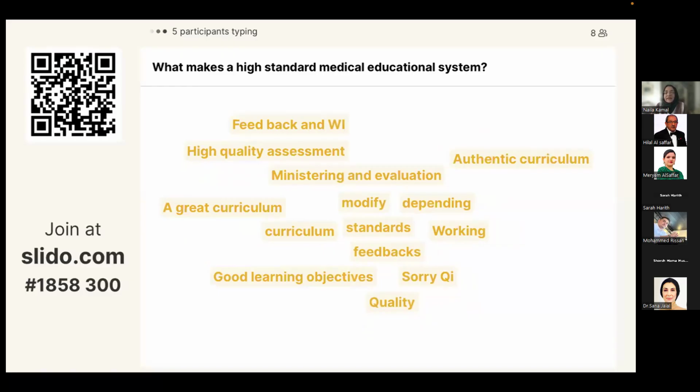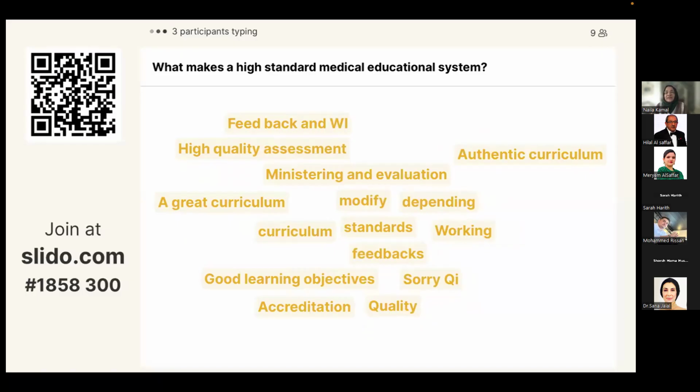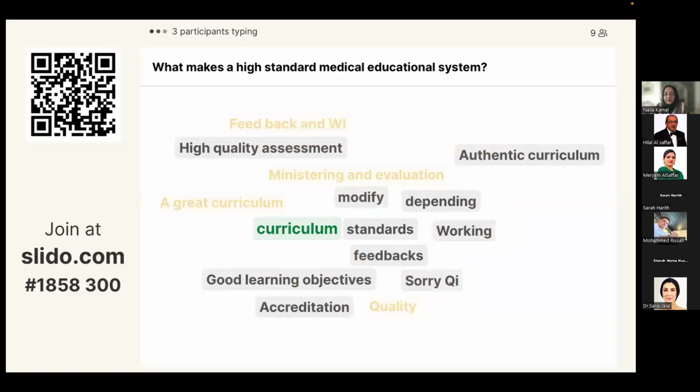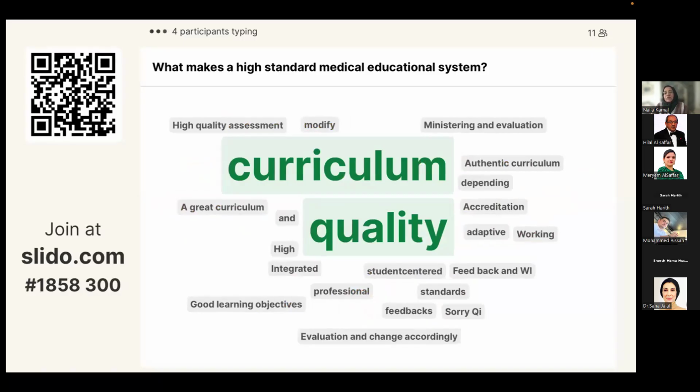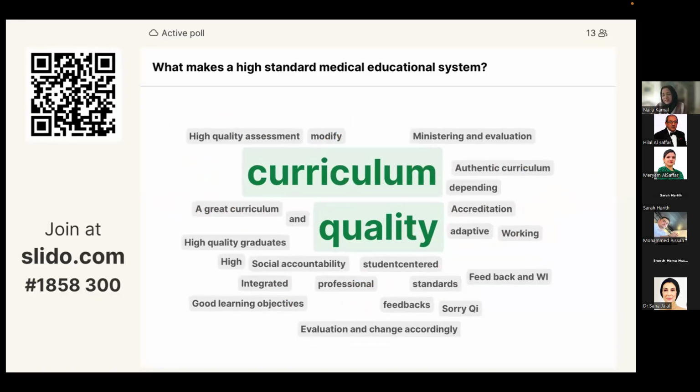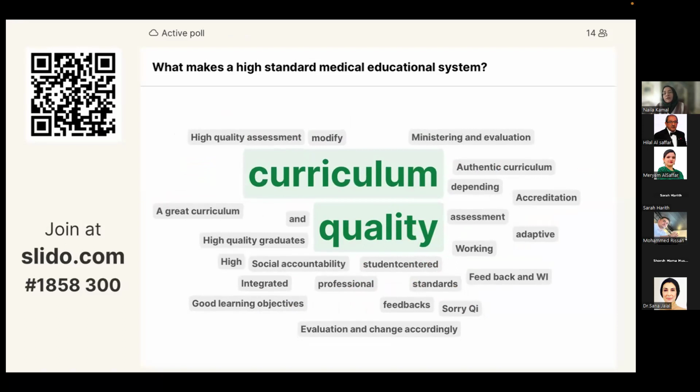Standards, great curriculum, good learning objectives. Okay, what else? Evaluation, accreditation, quality. Excellent. So we've got some great important pillars which make an effective educational program.